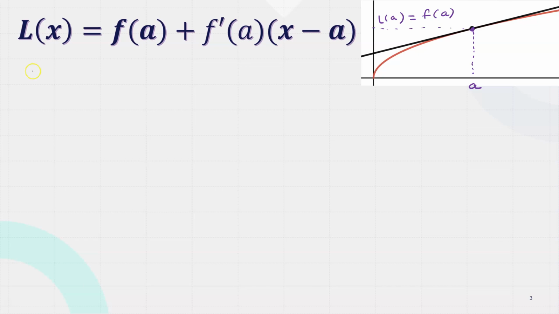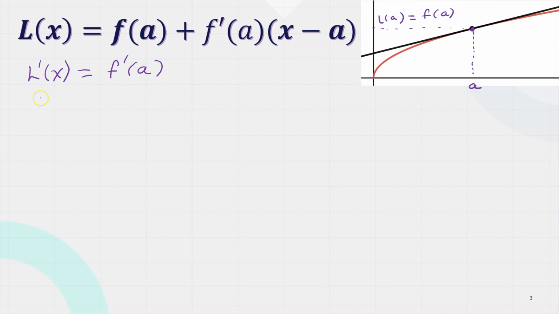Okay, now let's take the derivative from this on the left and from the right. The derivative of f of a, which is a constant, is 0. The derivative of this right here is just going to be that constant f prime of a.